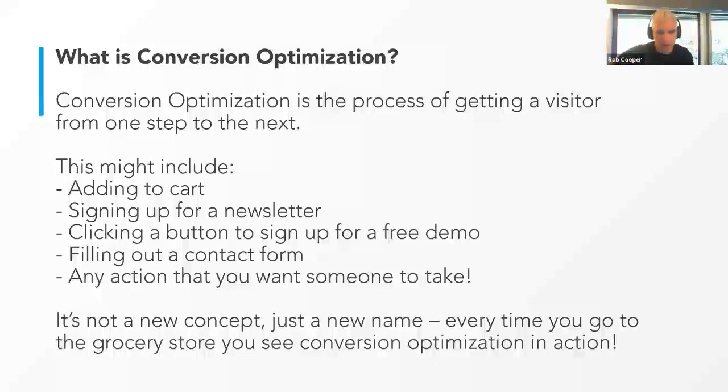And this truly isn't a new concept. It's really just a new name for it that's come out of, of course, the tech necessity of making confusing names for things. Basically, every time you go into a grocery store, you see examples of merchandising, as it's called offline, which is very similar to conversion optimization.